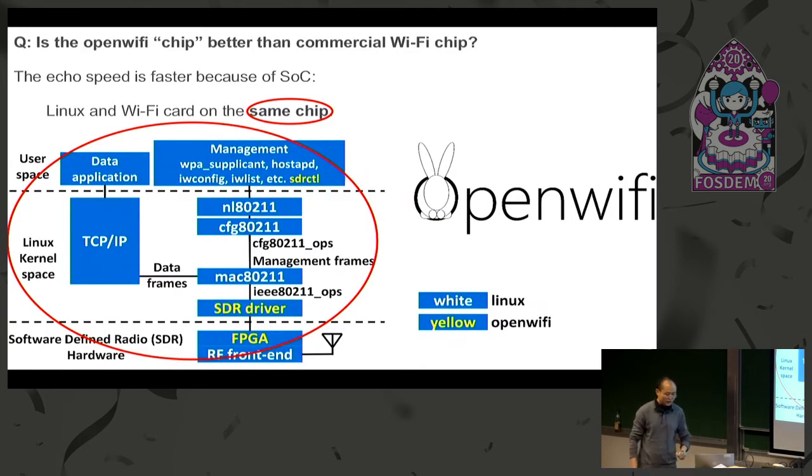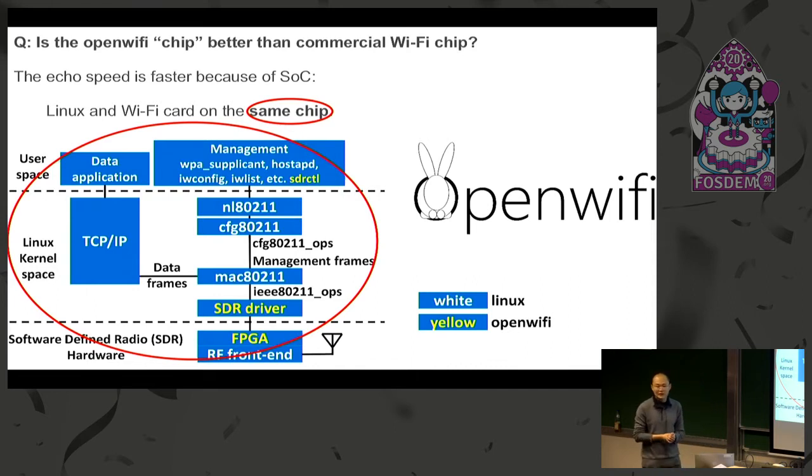Well, I would say so far we identify at least one point where it's maybe a little bit more attractive than a commercial Wi-Fi chip. Our design currently is based on a system on chip, the Xilinx Zynq FPGA, with an embedded ARM processor.